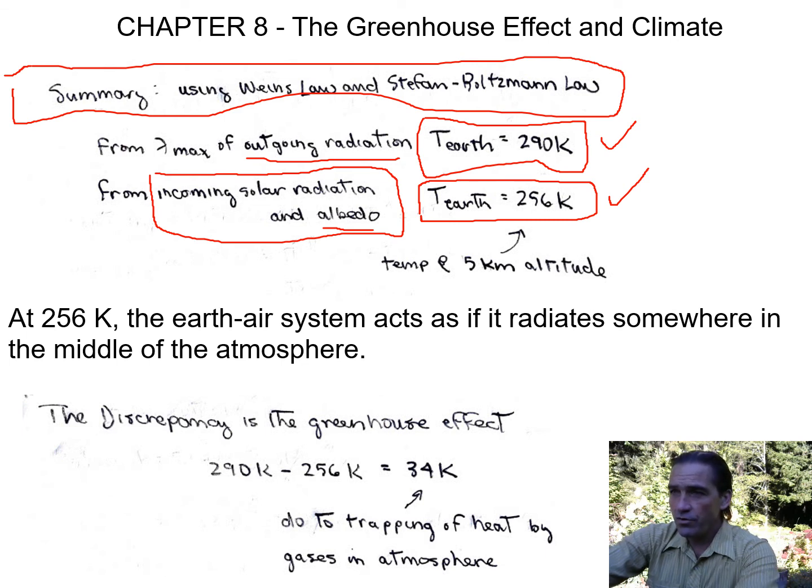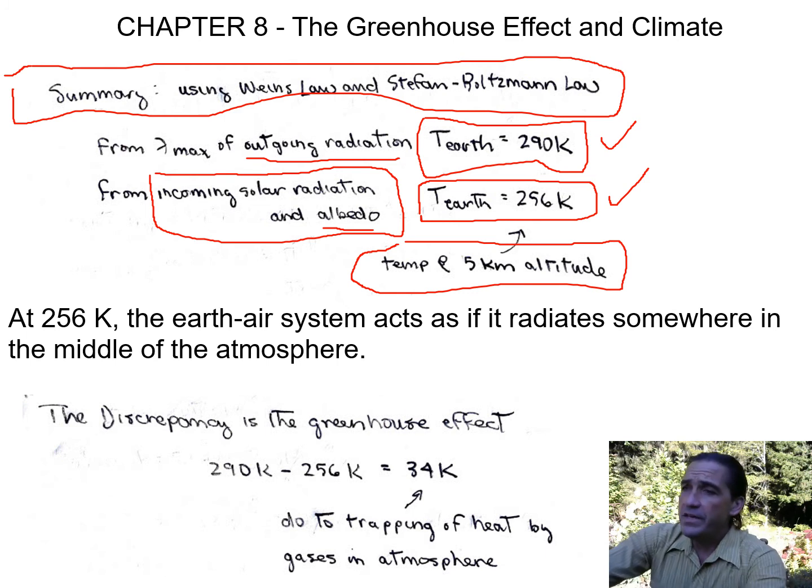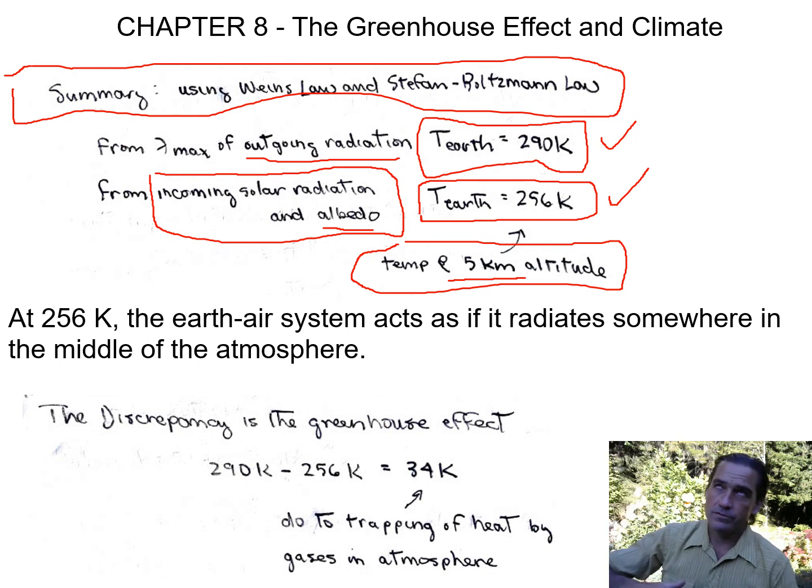However, this temperature of 256 Kelvin is what we observe at 5 kilometers in altitude. If you remember from the previous video, this altitude is where we have about 50% by mass of the gases in the atmosphere, 50% below 5 kilometers and 50% above 5 kilometers, going up to, say, 100 kilometers.